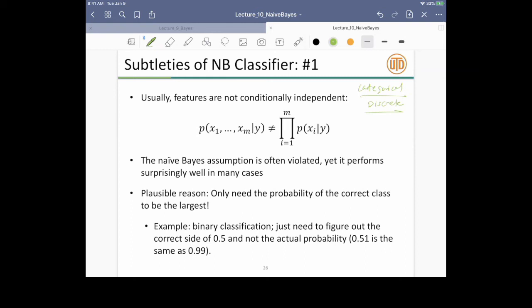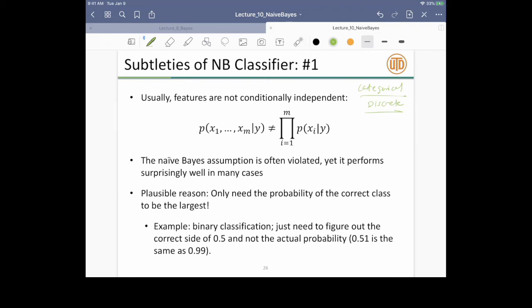And one possible reason, of course, there have been many papers in the last 2 decades which have tried to understand why naive Bayes performs well. One possible reason the community argues is that for naive Bayes, even though you're making the conditional independence assumption, you only really want to get the MAP inference.